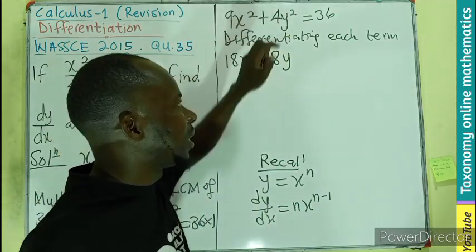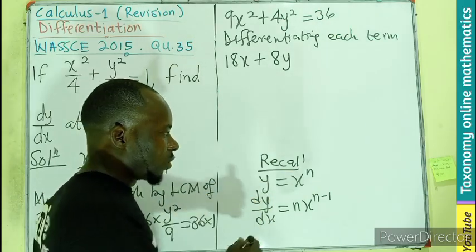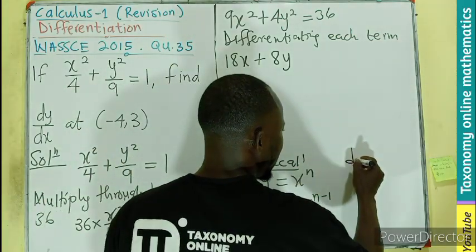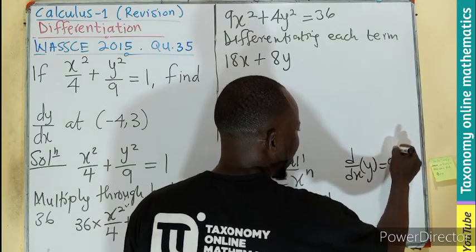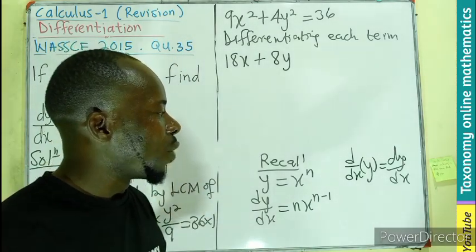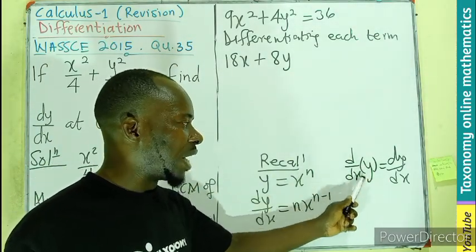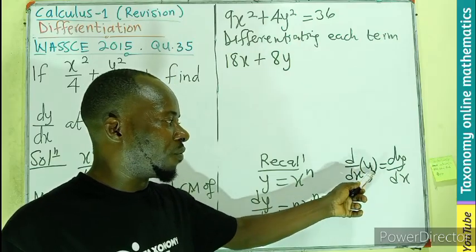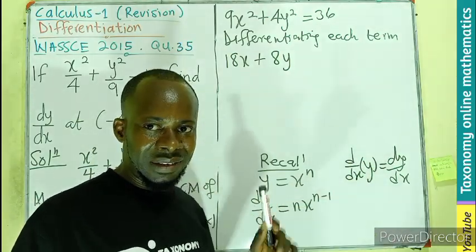But this differentiation is with respect to x, not with respect to y. So if you have d/dx of y, you are going to have dy/dx. If you differentiate a y function with respect to x, we perform the differentiation of the term there, and that will give us dy/dx.